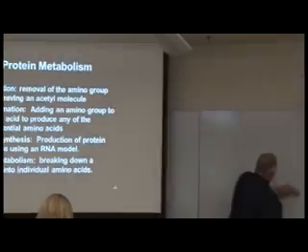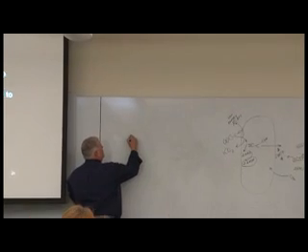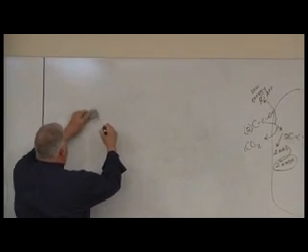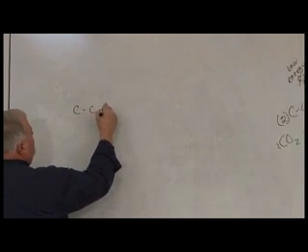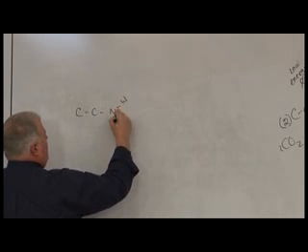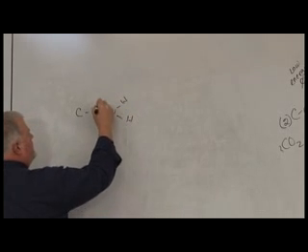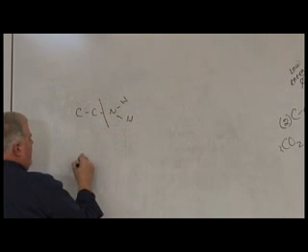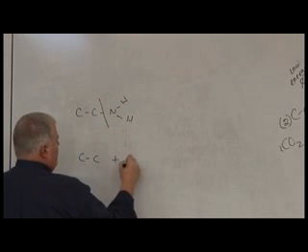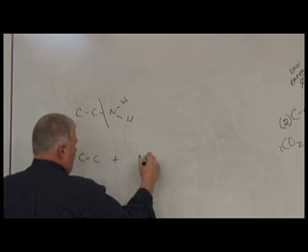If you're using amino acids for energy, or if you have an abundance of a certain amino acid you don't need, then what you want to do is cleave this bond, and you end up with a 2-carbon compound plus the amine group.